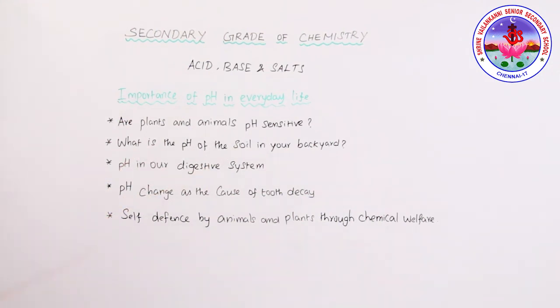Okay, then the pH in our digestive system. It is very interesting to note that our stomach produces hydrochloric acid, which helps the digestion of food without harming the stomach. During indigestion, the stomach produces too much acid, and this causes pain and irritation.